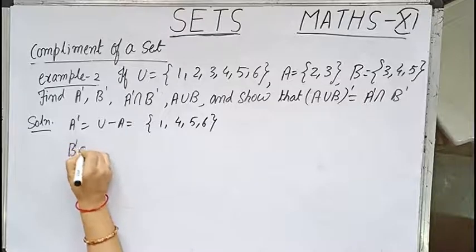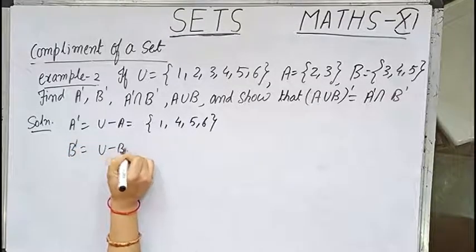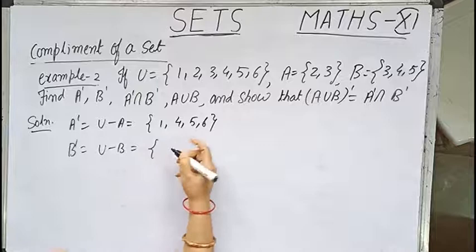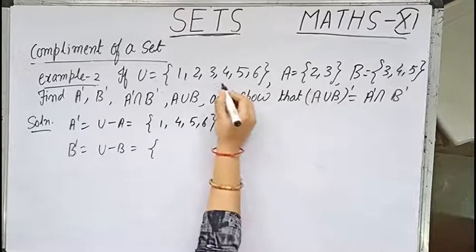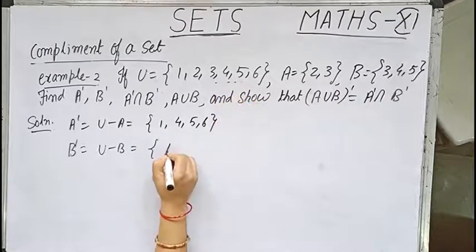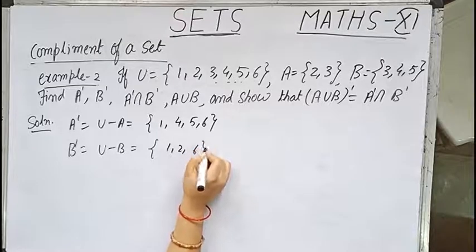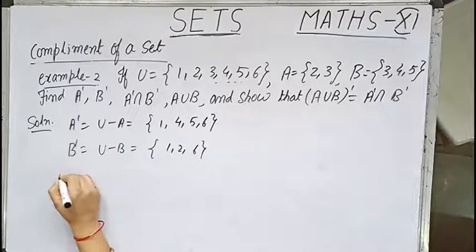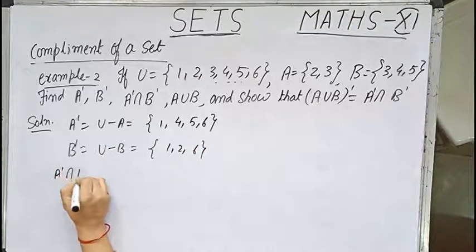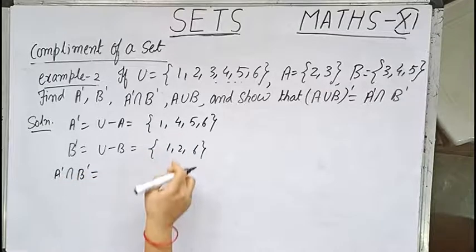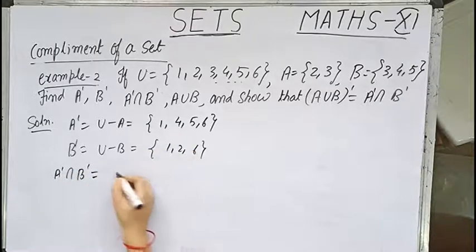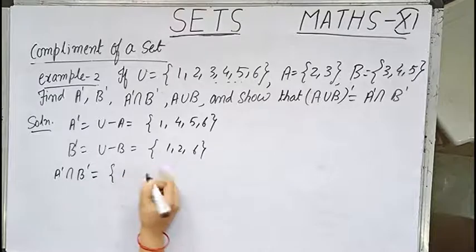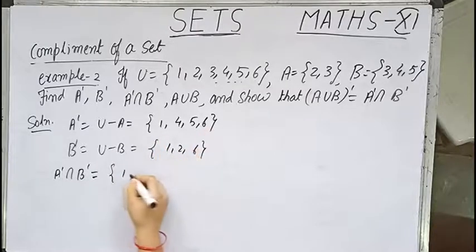B complement equals U minus B. Now U minus 3, 4, 5, we will not write those, so 1, 2 and 6. Now A complement intersection B complement. Let us find the intersection of these two, which will be equal to the set containing 1 and 6.